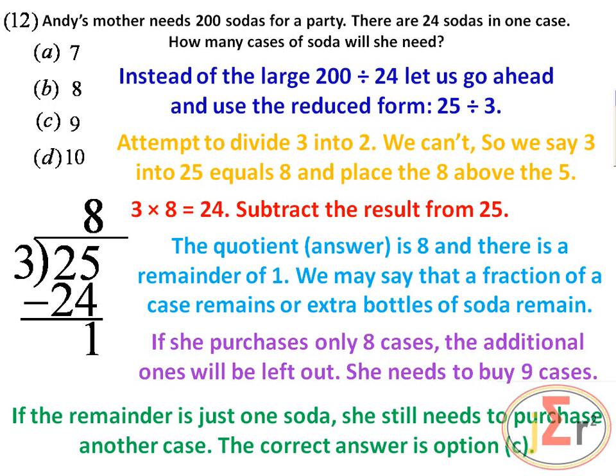It means that if we use 8, we will not get the 200 because they are leftovers. So we have to purchase a number of cases that will give her the 200. So we will have to purchase more than the 8 cases, else she will not get the 200. And we will see that before we are through.